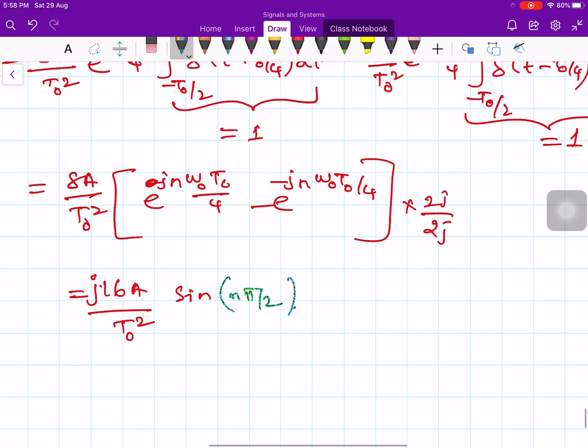Therefore your dn is equal to j times 16a over t naught square, sine of n pi by 2.